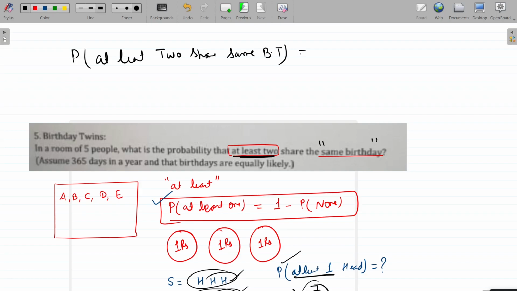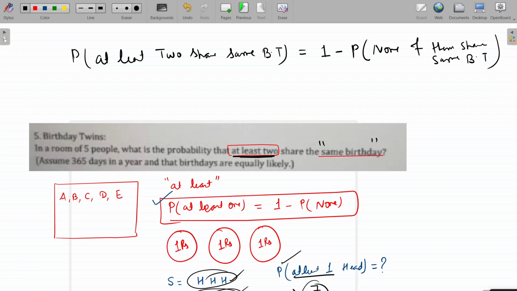This probability can be calculated more easily as 1 minus the probability that none of them share the same birthday. It means all five persons should have different birthdays.